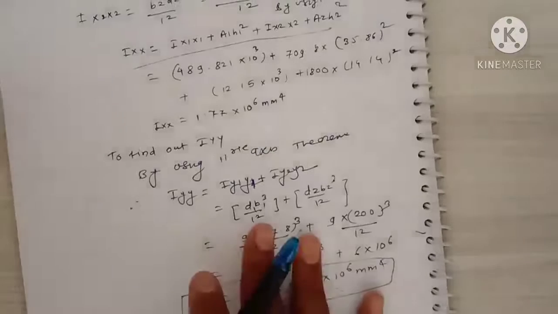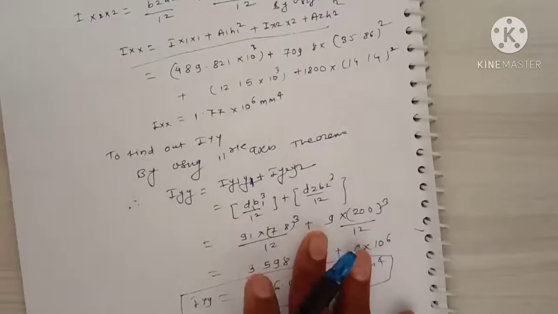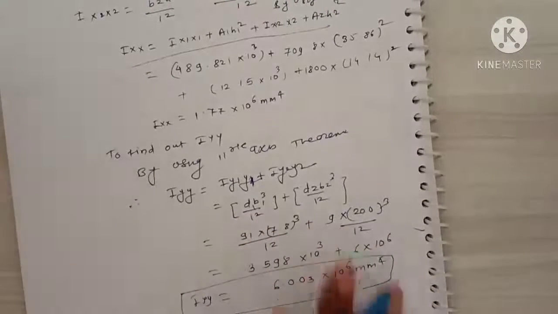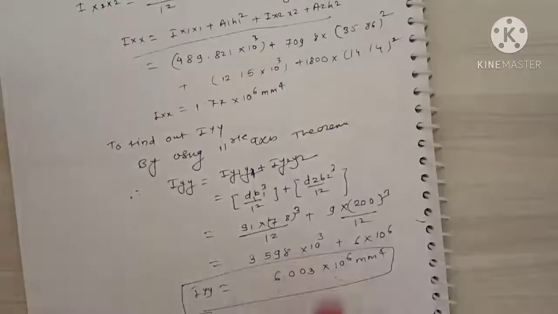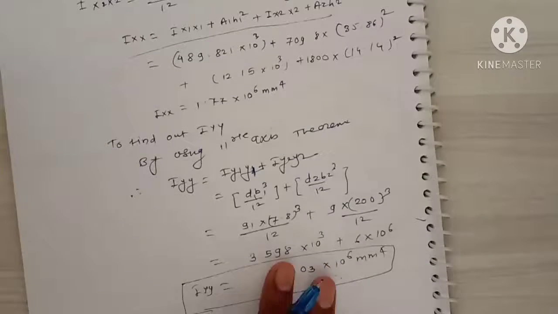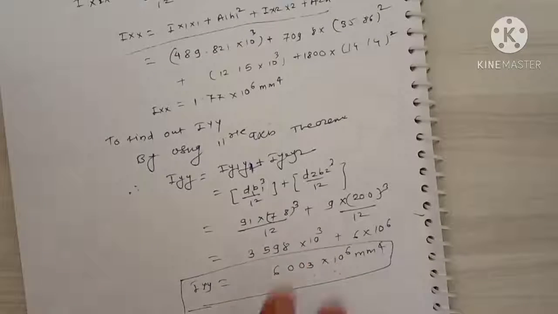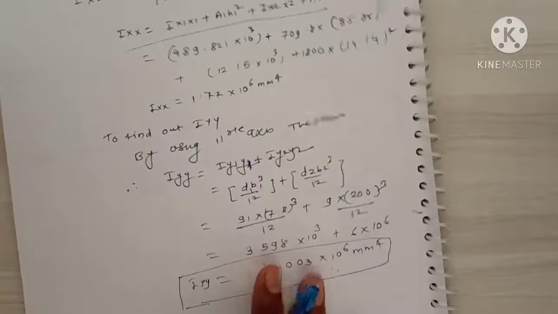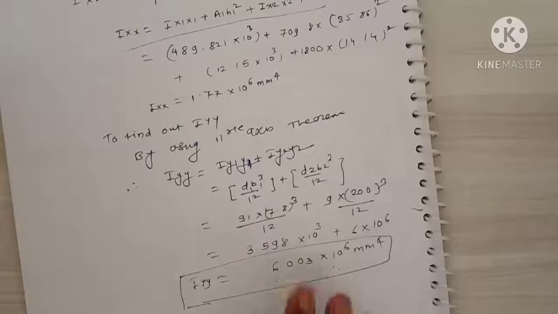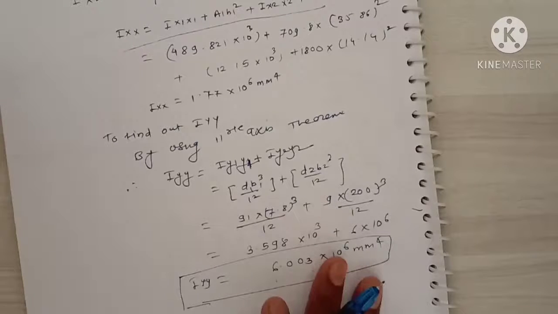This is a simple problem based on the inverted T section, and in this inverted T section we calculate the moment of inertia about the x-x axis and y-y axis. This is a simple way to find both values of Ixx and Iyy.